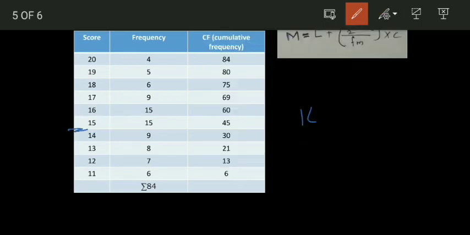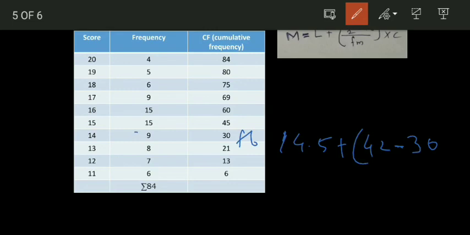So here our lower limit is 14.5, plus n upon 2, which we have calculated as 42, minus FB. So what is FB? This is our below frequency, 30. So it is 14.5 plus 42 minus below frequency 30, upon FM.